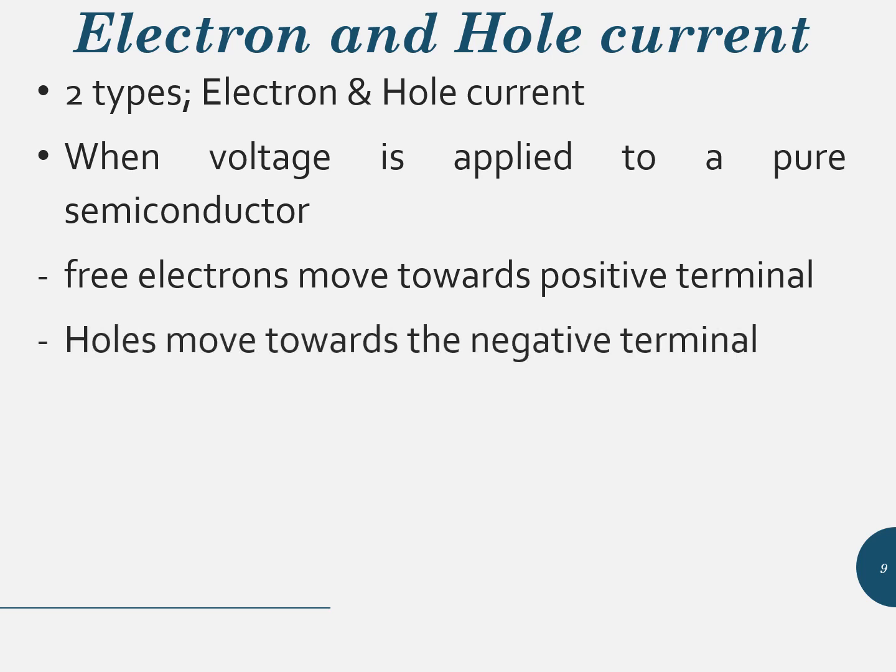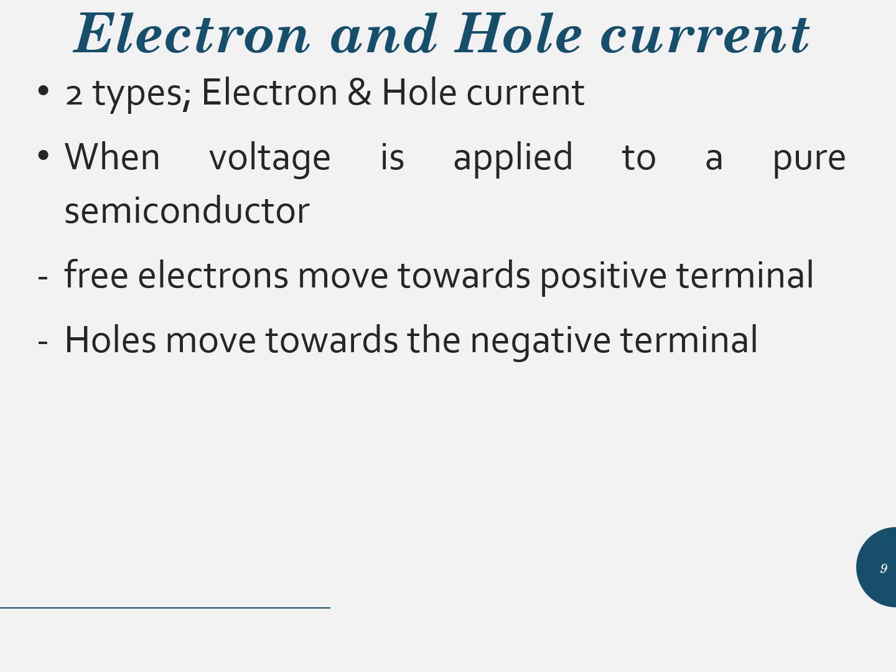We know that electrons are the negatively charged particles and holes are the positively charged particles. Since like charges repel each other and unlike charges attract each other, therefore the electrons or negatively charged particles are attracted towards the positive terminal of a battery and holes or positively charged particles are attracted towards the negative terminal of a battery.